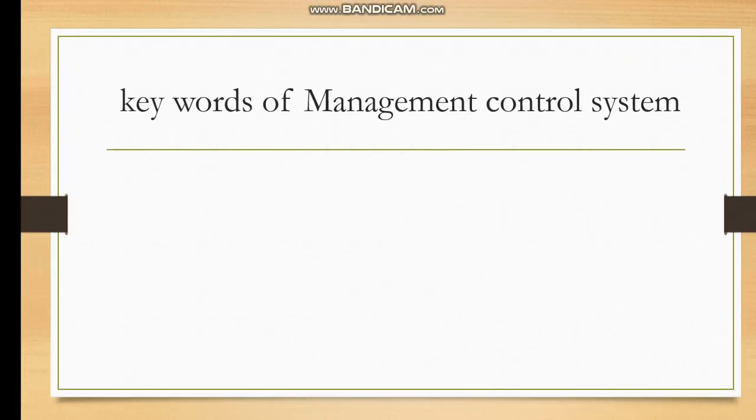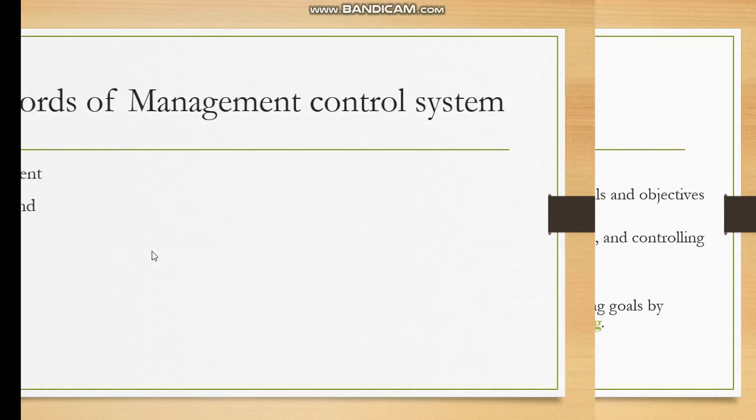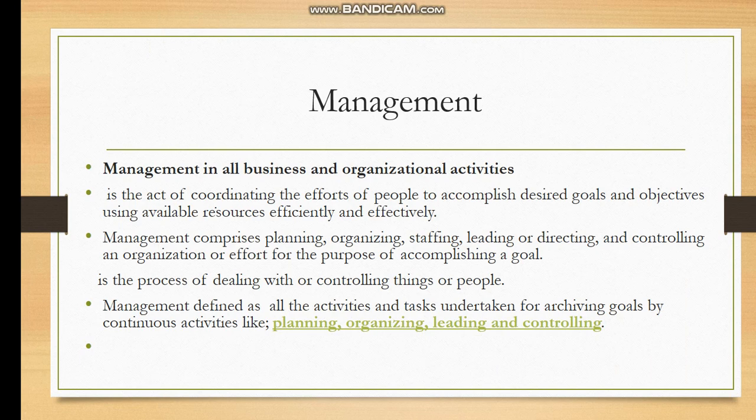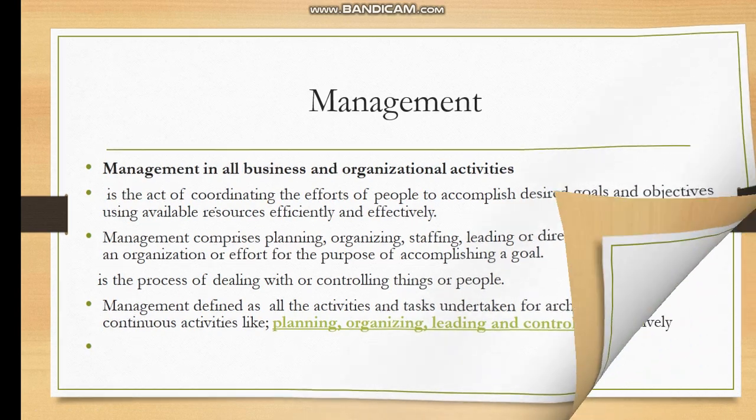So without delaying, the keywords in this concept of management control system, as I said before, are management, control, and system. So you can ask yourself, what is management? Management is a process of dealing with or controlling things or people. So when you are dealing with or controlling things and people, at that time we are doing management.